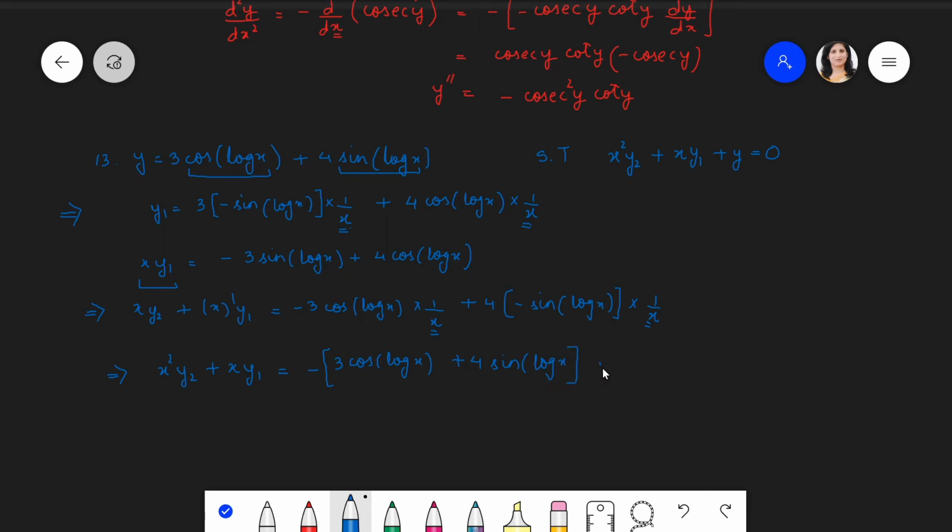And now you can see that this right hand side is the same as the function y. So it is x square y2 plus x y1 equal to minus y, which means that x square y2 plus x y1 plus y is 0. This is the same as we were asked to show in the question. Hence the result is shown.